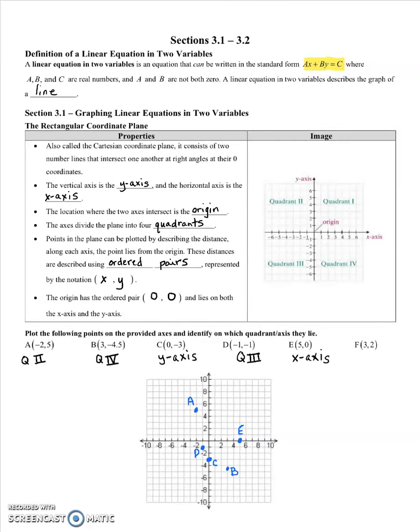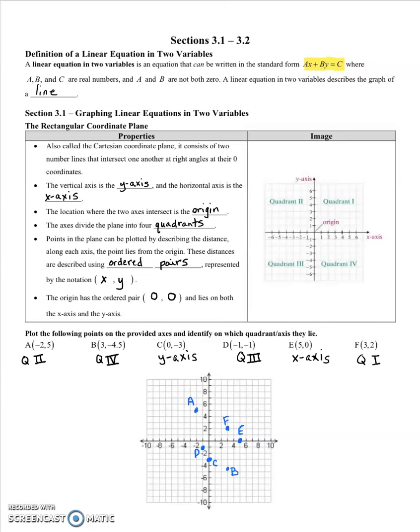Okay, and the last point is point F. It is at (3, 2). So horizontally to +3, vertically to +2, and that is our point F, which lies in quadrant 1.